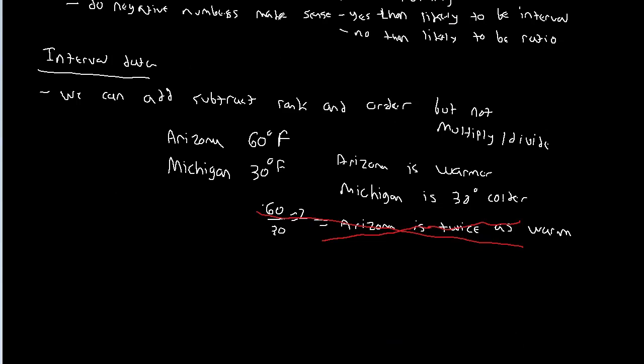Conversely, just to put a bow on this and wrap this up, with ratio data, we can do all the stuff that we could do with interval data. So we can add, we can subtract, we can rank, we can order.